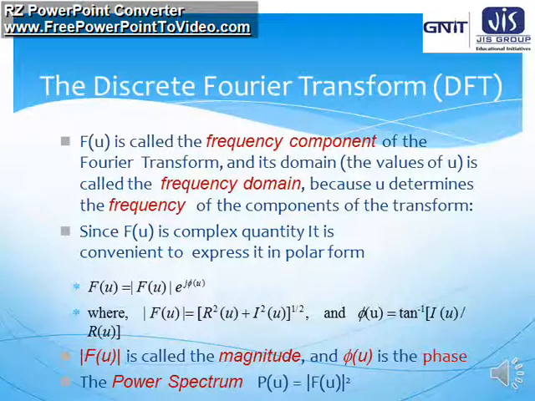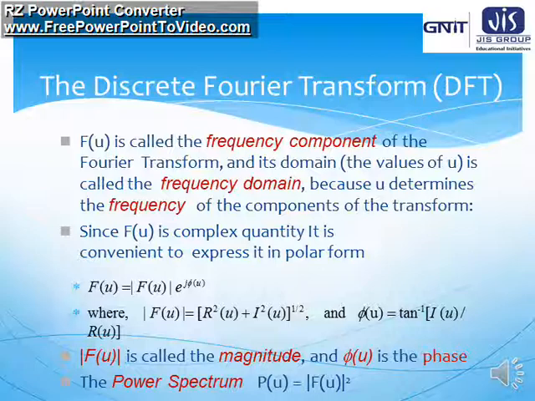The discrete Fourier transform F(u) is called the frequency component of the Fourier transform, and its domain, the value of u, is called the frequency domain, because u determines the frequency of the components of the transform. Since F(u) is a complex quantity, it is convenient to express it in polar form.